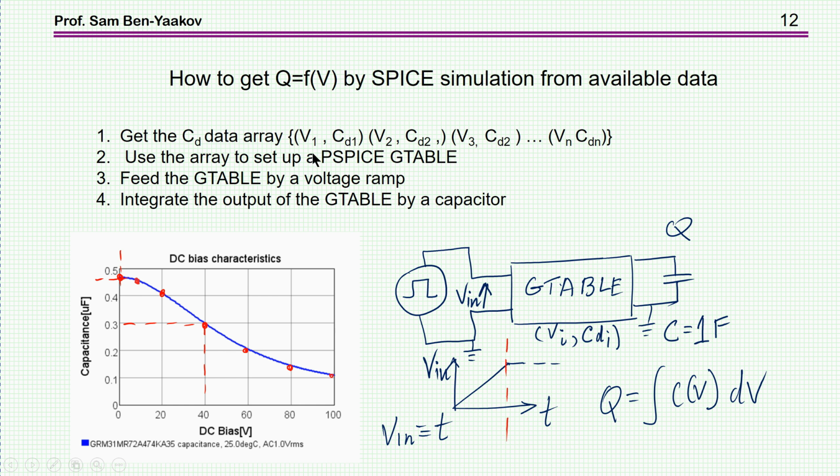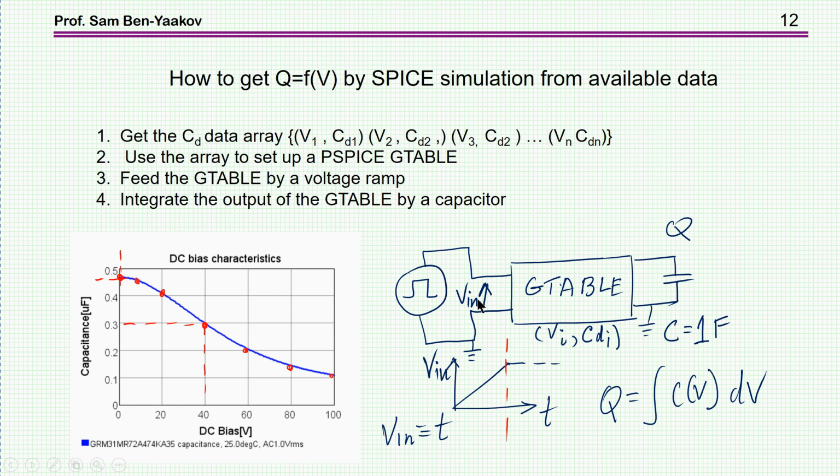We then take this array and use it to build a G-table, which is an ABM, analog behavioral model of SPICE. The G-table has a current output, and it has an input, which we call an expression, and this input is then multiplied by the array.